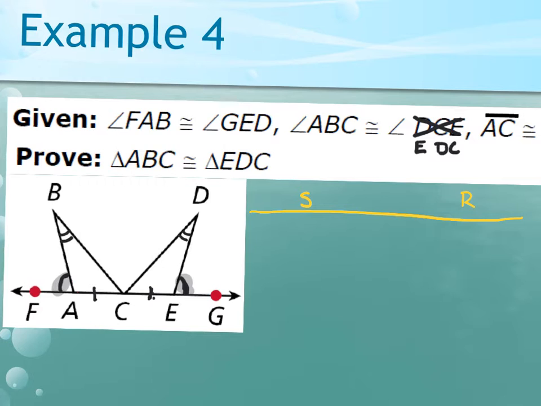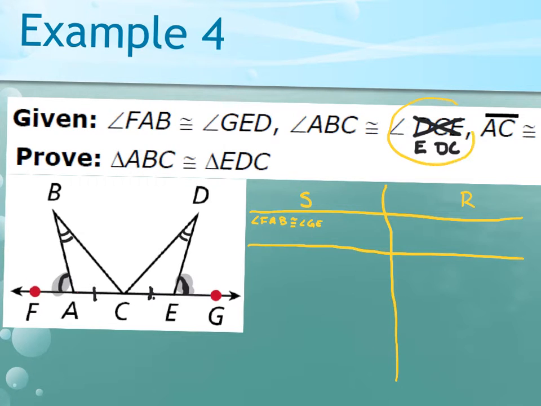So you're going to do angle DEG. Or I guess you can do it. This is my first step? You're going to do the given angle FAB. Okay, let's all take a minute and write the given. We're all going to write the same thing. Angle FAB, angle GED.